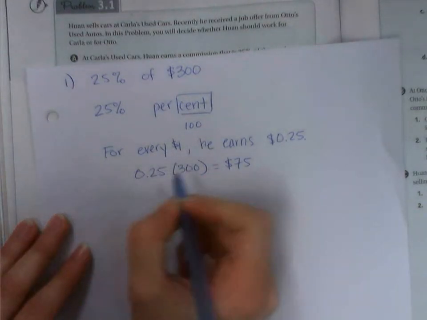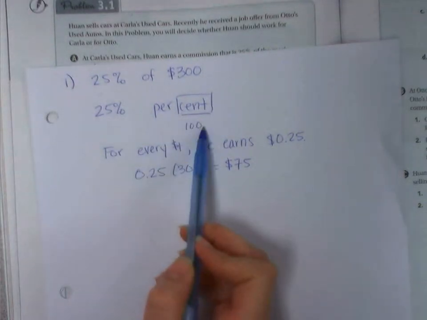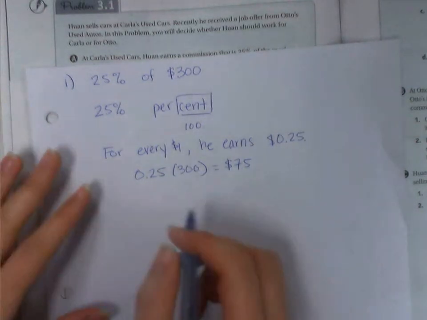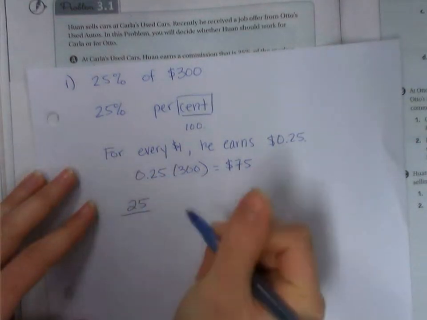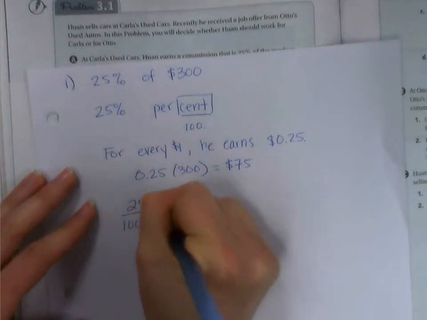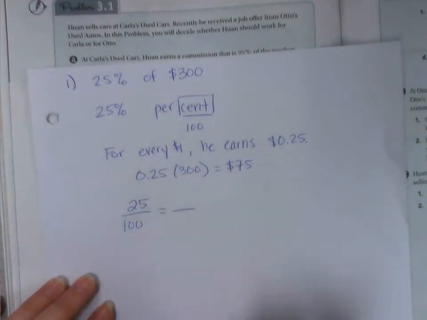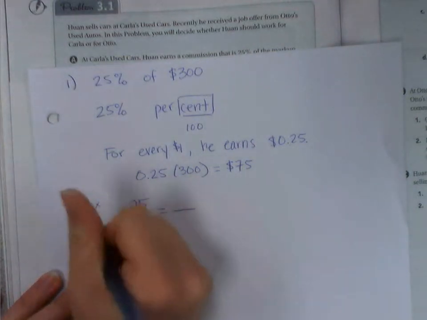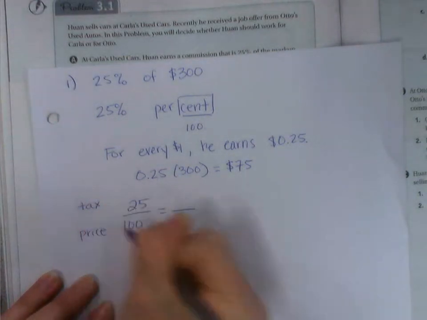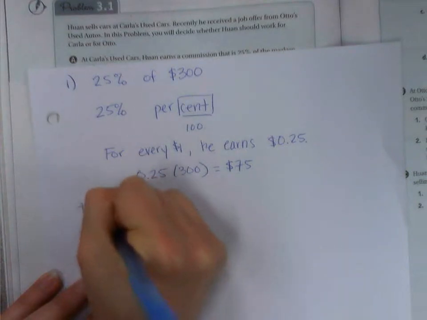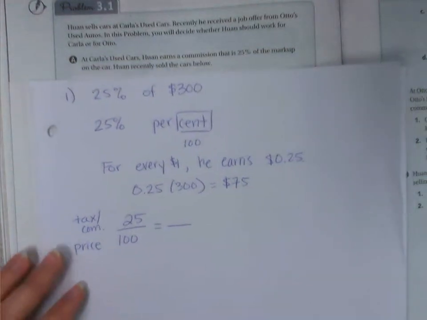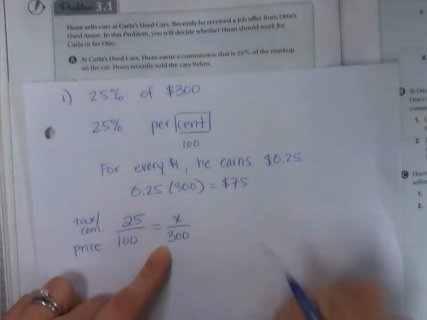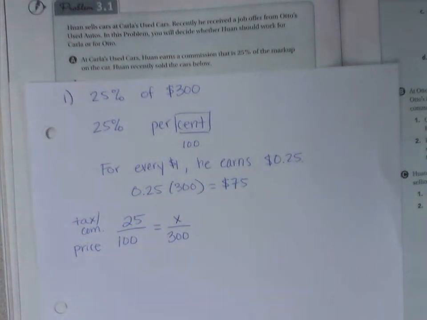Some students have really latched on to figuring out a proportion for these problems. So they're either using the same reasoning with 25 cents out of a dollar, or the fact that percent means out of 100. So their first ratio in their proportion is 25 out of 100. This top number is currently our commission, and this bottom number is like the price, or in this case, the markup. So the markup is 300, and we don't know the commission.